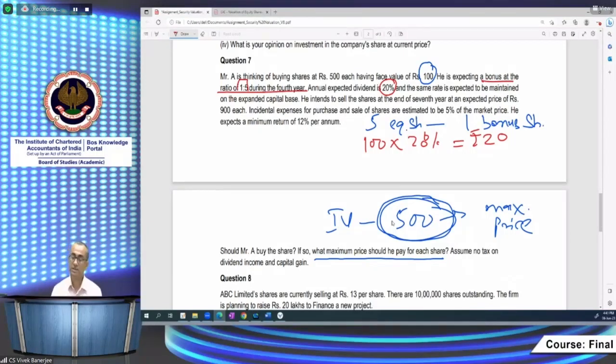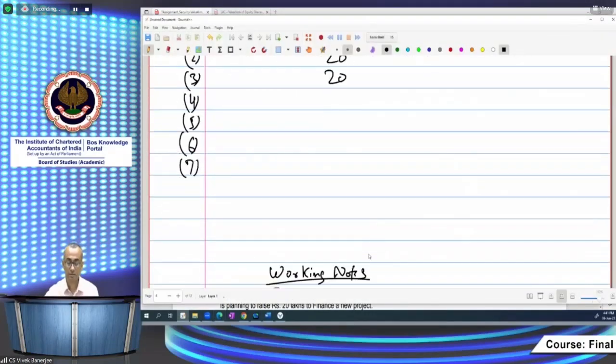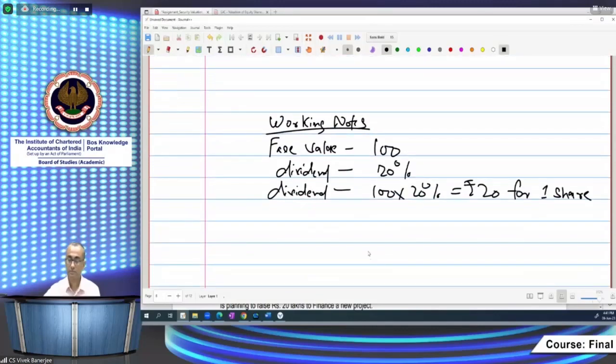You have seen that if there are 5 equity shares, 1 bonus share. So for one share, how will dividend be calculated? For one share, dividend is rupees 20.